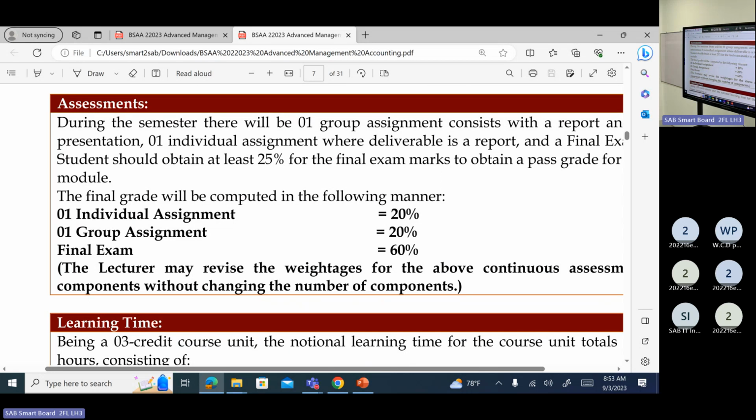Right. So next week I will guide you about individual assignment, right? The individual assignment will be given a common topic, but it will be a kind of assignment.